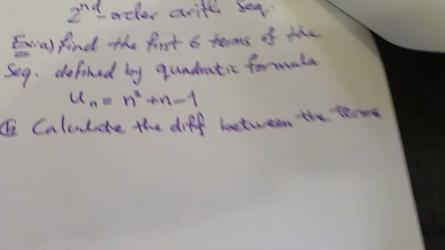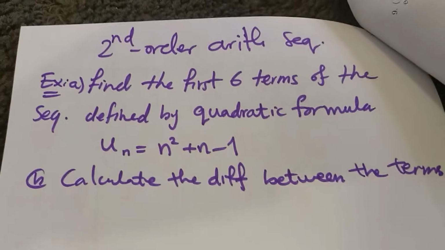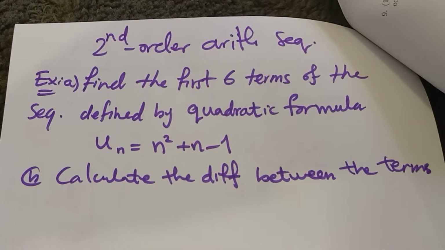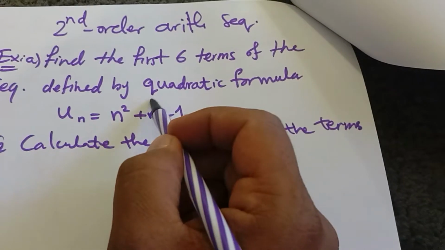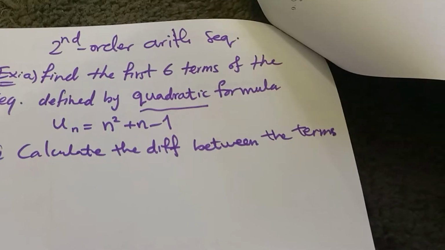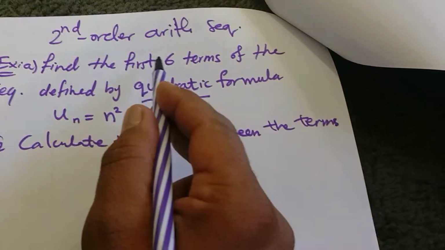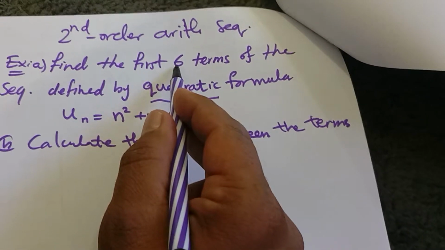Well, this could be the last idea. What we are having is an arithmetic sequence generated by a quadratic formula, degree equals 2. Here, for example, let's try to find the first 6 terms.